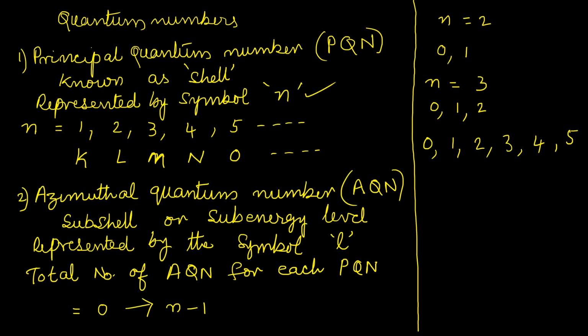So, to avoid confusion, they are allotted certain letters as S, P, D, F, G, H, and so on. So remember, the total number of subshells for any principal quantum number is from 0 to n minus 1.